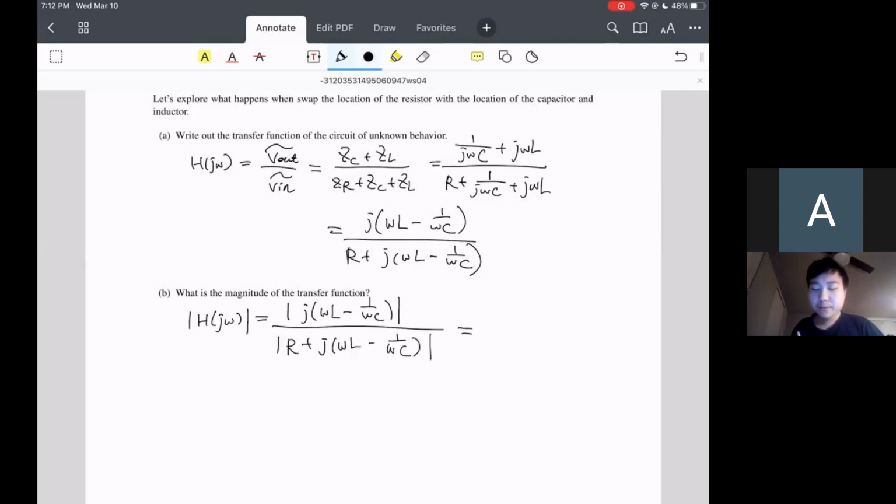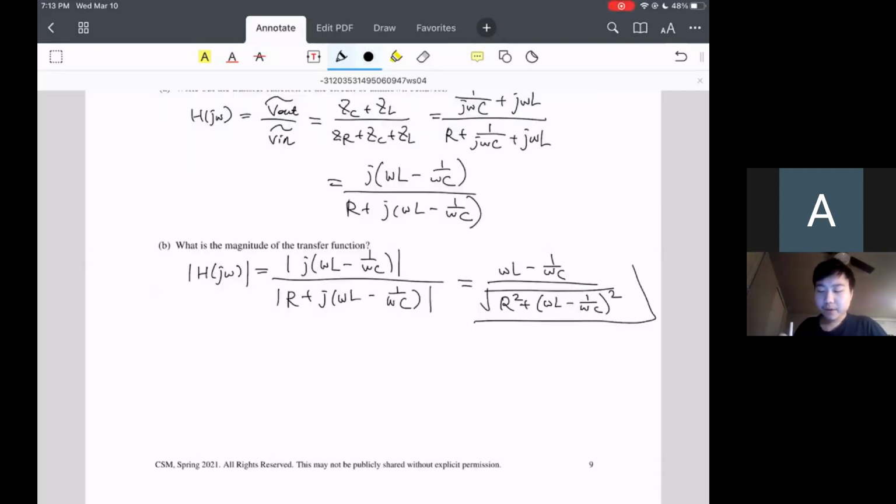So on the top, the magnitude is just the absolute value of omega L minus 1 over omega C, and on the bottom, just the square root of R squared plus (omega L minus 1 over omega C) squared. And that is our answer for part B.